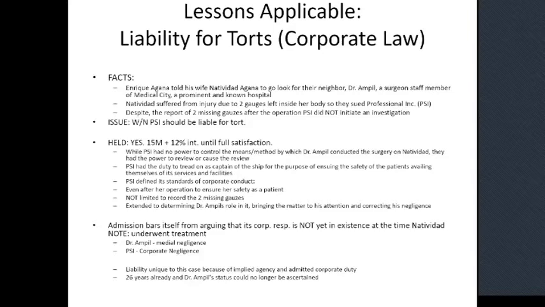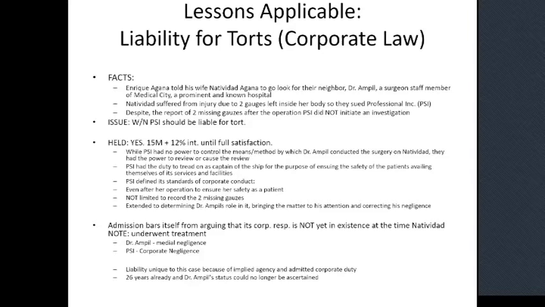Because, of course, as nurses, you know that there's an account that happens after surgery to ensure that the equipment is complete, and all the gauze and all the things that were used are accounted for. So the question is whether PSI or the hospital should be liable for damages, which is called tort. Are they liable for the damages that resulted from leaving the gauze?